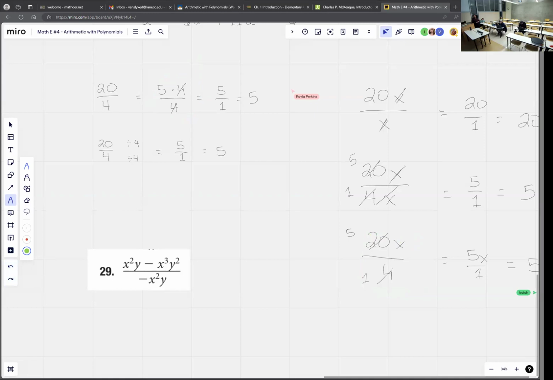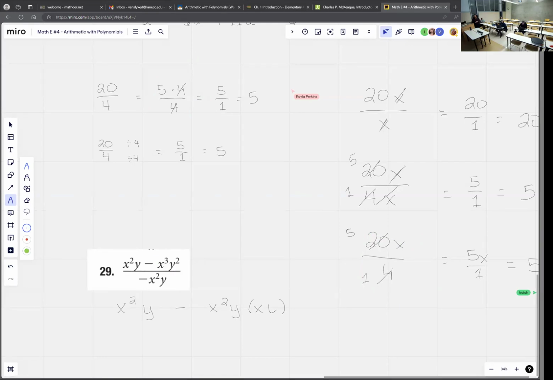Okay, so we have x squared y minus, there's gonna be another x squared y. What am I multiplying x squared y by in this corner? X. There's another x, it's cute. Why?